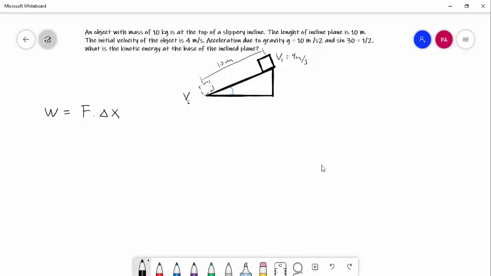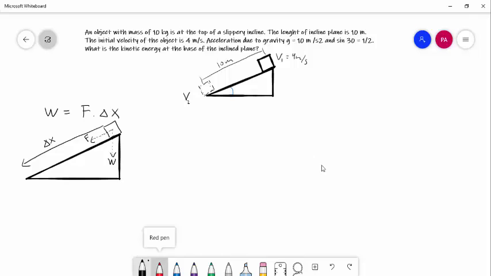First, we need to know the force. The displacement direction is like this one. So if we have the object here, we already know the weight is here, and then the force that we use is this one.